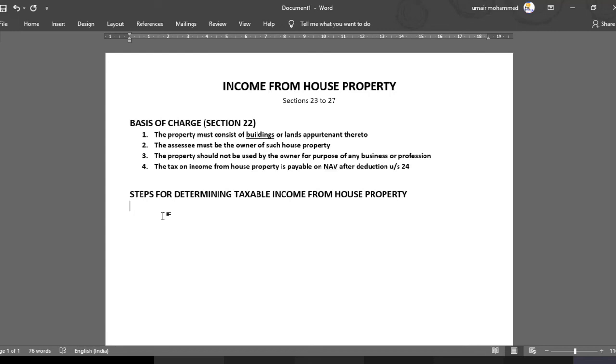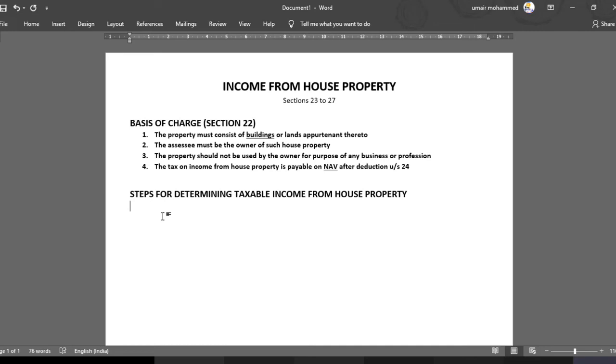That's the reason the income tax department says if you're using house property for business purpose, it can't be considered as house property. Even though you might not give the property on rent, you may be staying in your own house for your own purpose, still you get benefit.